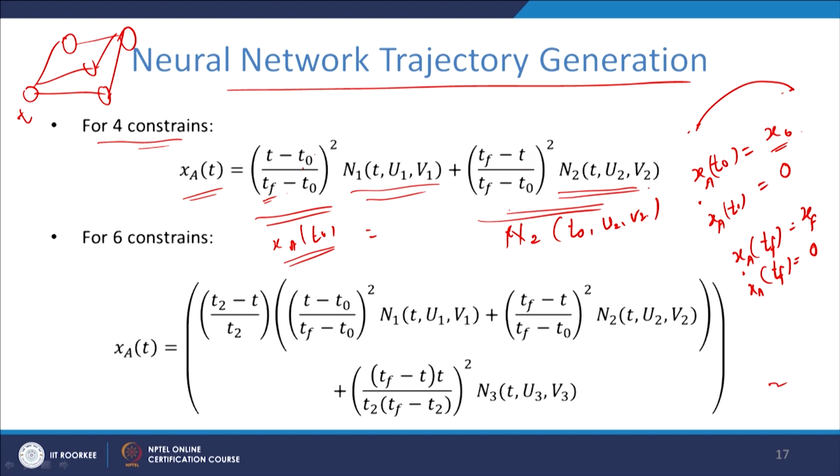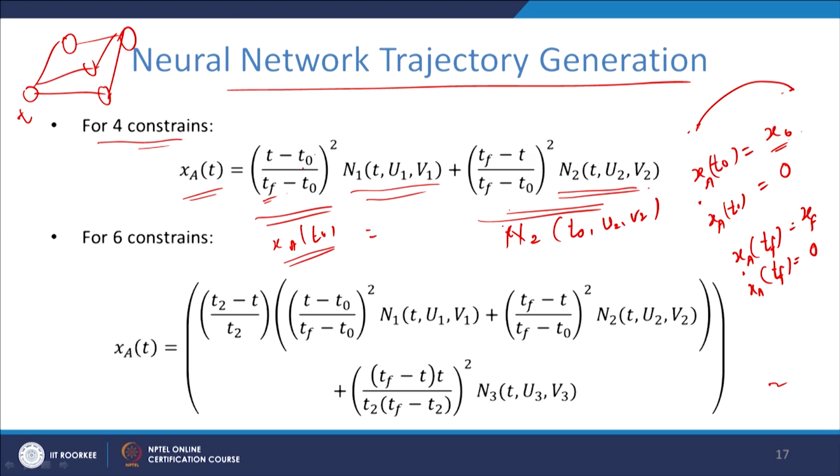That is the meaning. Similarly, we should differentiate this first equation, xa dot t. When we differentiate we will get some expression from the second term only, because when we substitute t naught, after the derivative the first term vanishes, only the second term will remain.